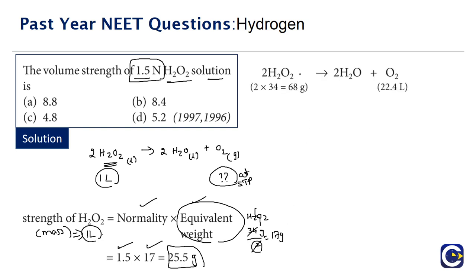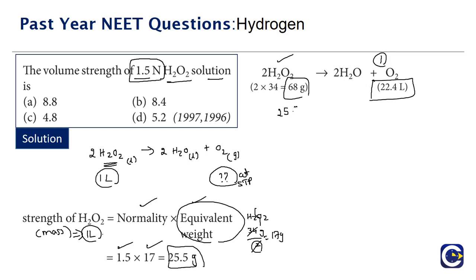From the dissociation equation, 2 moles of H2O2, which is 2 into 34, 68 grams, will produce 1 mole of oxygen gas, and at STP the volume of 1 mole of oxygen gas is 22.4 liters.